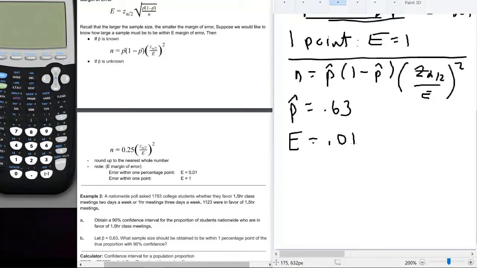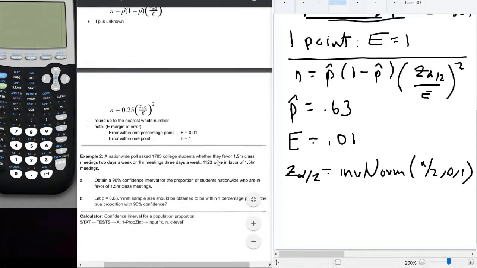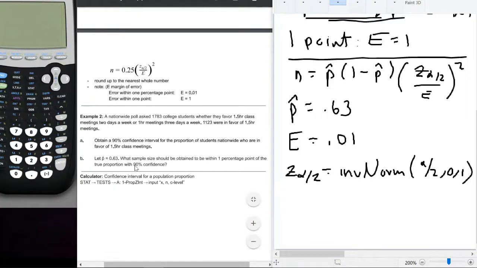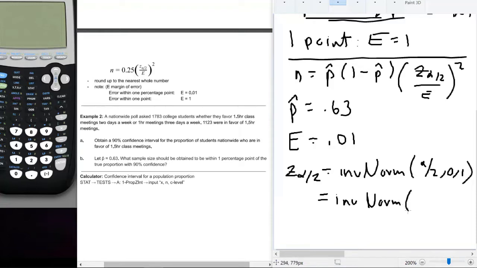But I need to find the critical value z alpha over 2. Recall from the previous videos, to find z alpha over 2, we need inverse norm with alpha over 2, 0, 1. In this case, we're still dealing with 90% confidence. So what would alpha have to be, the remainder of the 100%? We would need 0.10 as alpha, but we need alpha divided by 2. So 0.10 divided by 2, 0, 1.